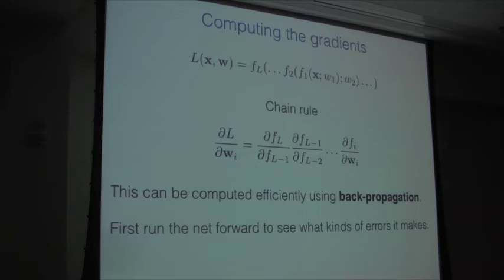So you have to run the network forward to see what the current loss is, and then all of the gradients for how to tune the weights earlier in the network are just going to be taking that final output and iteratively multiplying it by the gradient of each computational unit that comes before. And this can be implemented by, intuitively, running the network forward. It produces some errors, and then you communicate those errors backwards, and each time they get updated according to the local gradient.